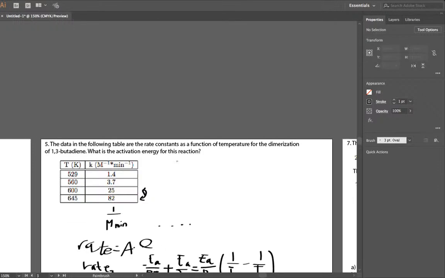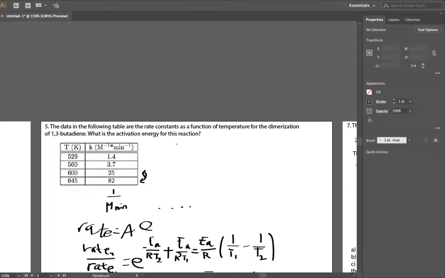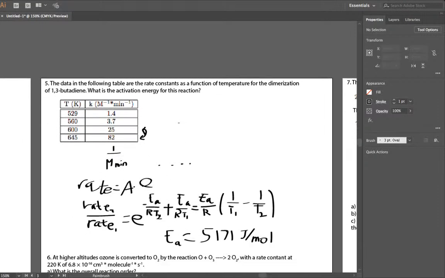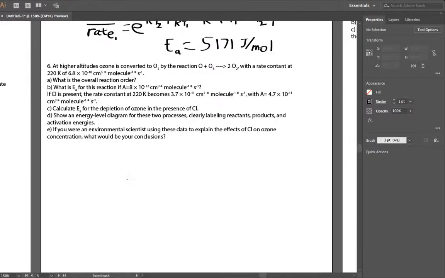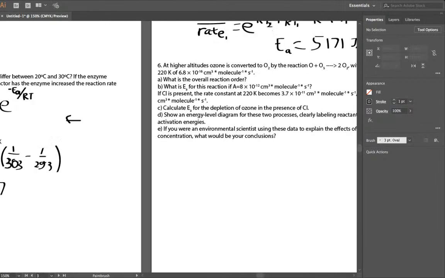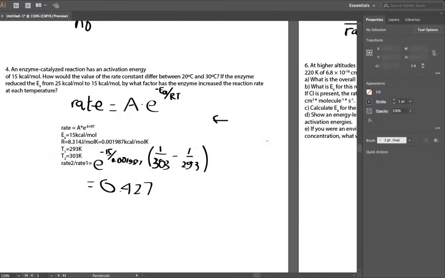Is this top side here also a rate constant? But the rate constant shouldn't change, right? So I think this guy here at the top should be something else.